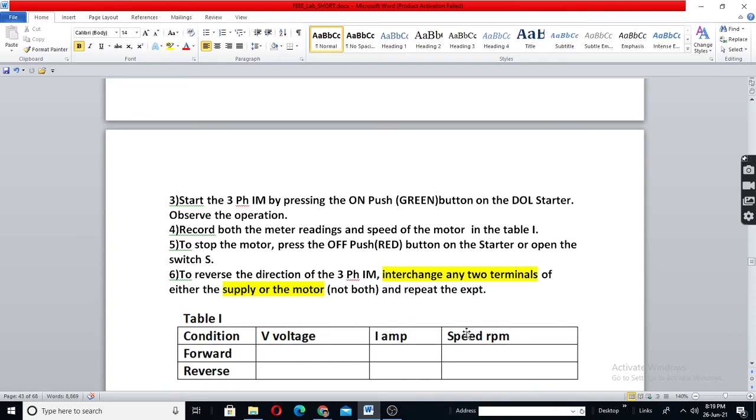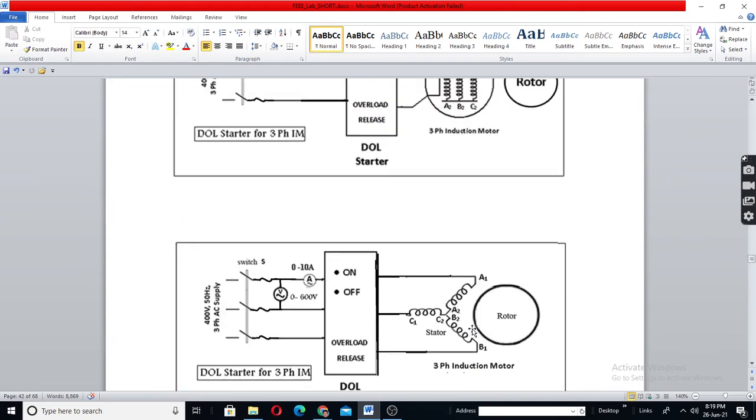Okay, so interchange any two terminals of either the supply, you interchange these two or these two or these two, or in the motor interchange either A1 and B1 or A1 and C1 or B1 and C1.